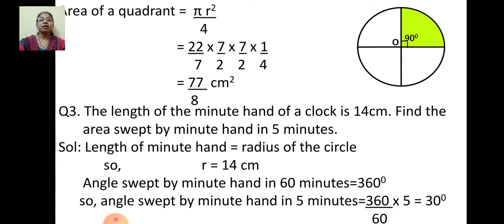So the angle swept in 1 minute will be 360 divided by 60, and angle swept by this long hand in 5 minutes is equal to 360 divided by 60 into 5. When you simplify this, you will get that angle is 30 degree.